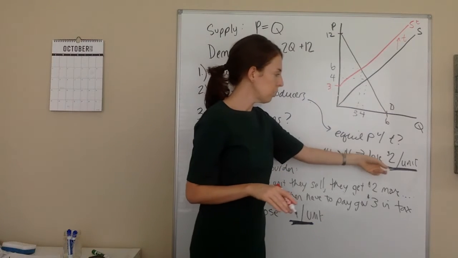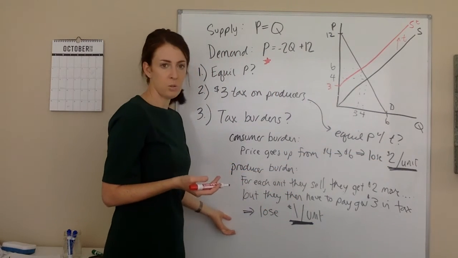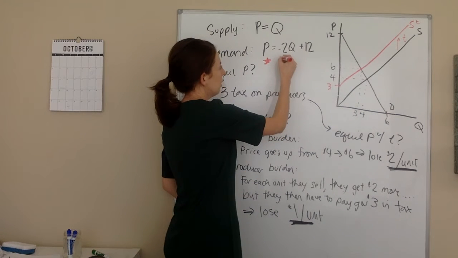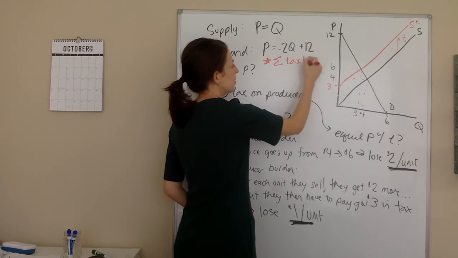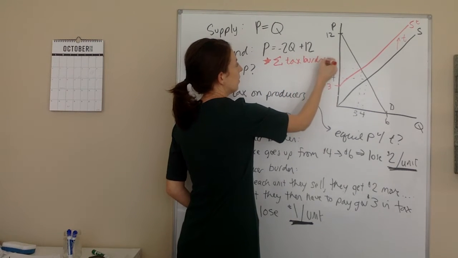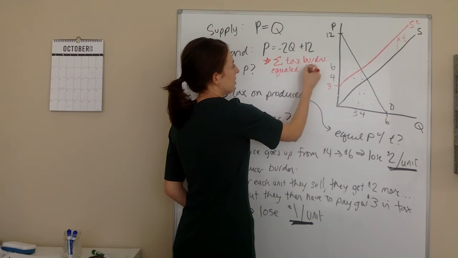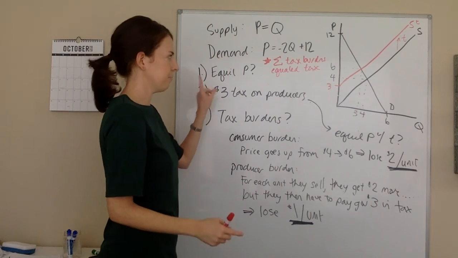Two of the dollars were felt by the consumers. One of the dollars was felt by the producers. So I'm going to put the sum of the tax burdens equaled the tax. So in other words, 2 plus 1 equals 3.